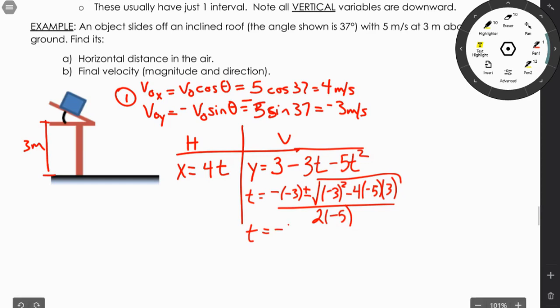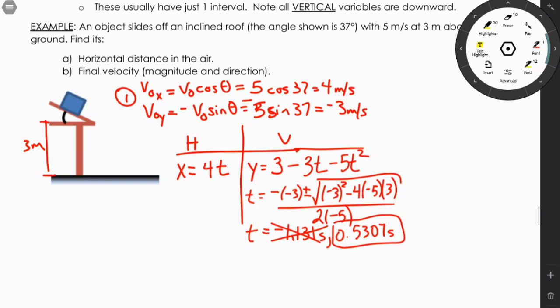And so this is going to be negative 1.131. Then we go back in and plug in a minus sign. This will end up being positive 0.5307 seconds. Disregard the negative number, so our answer for time will be 0.5307.